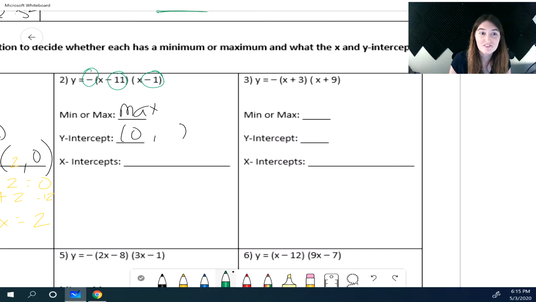Negative times negative 11 times negative 1. Negative 11 times negative 1 is a positive 11, times a negative is a negative 11. So this is going to be a negative 11.